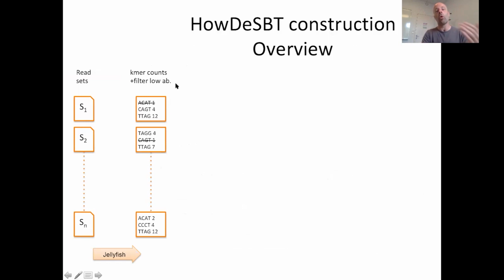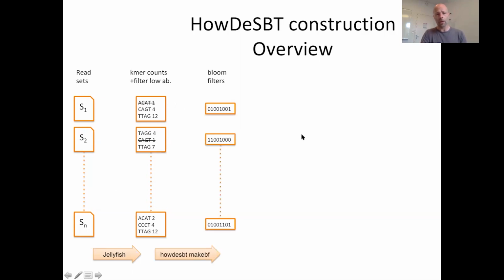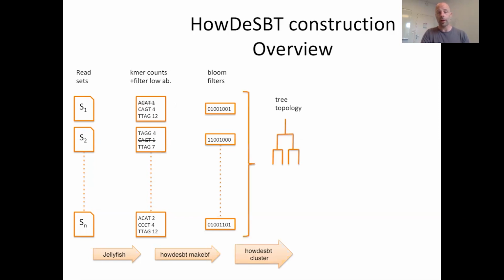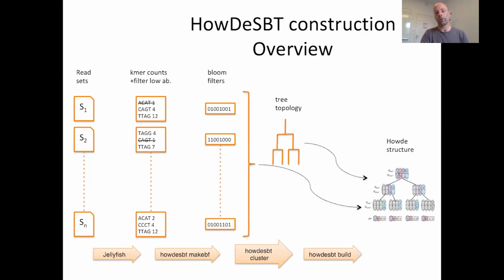So the first step of all the methods based on kmers consists in counting the kmers. So here, for instance, kmers that are present only once are removed. This is done with Jellyfish in HowDSBT. From all those counted kmers, you compute one Bloom filter per read set. You compute the tree topology by clustering those Bloom filters, and then you construct the HowDSBT structure.